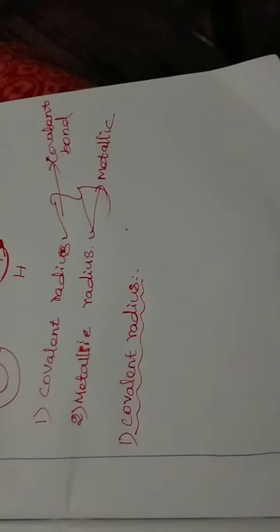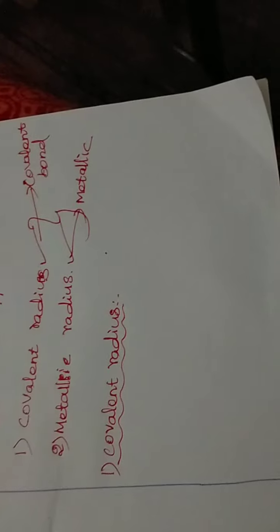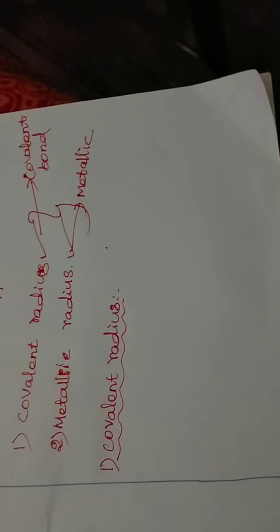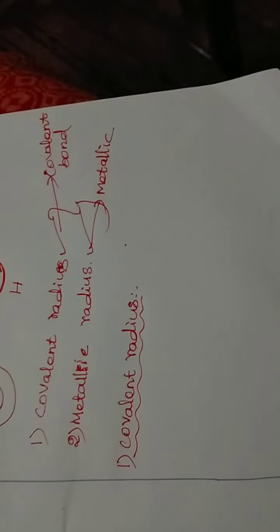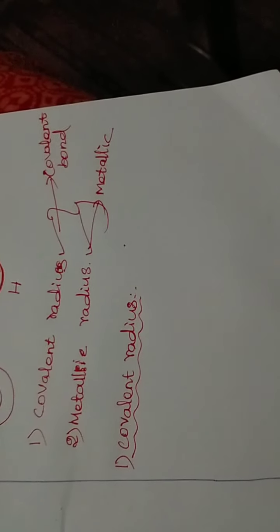So what is covalent radius? It is one half of the internuclear distance between two identical atoms linked together by a single covalent bond.